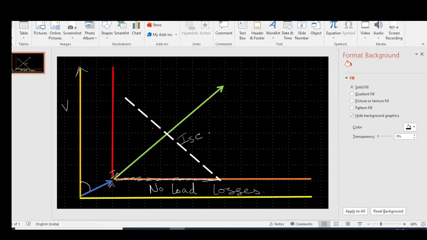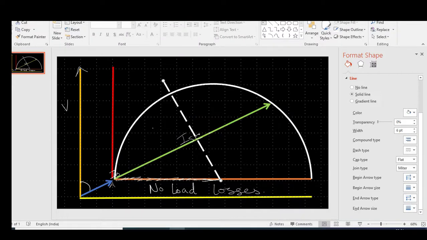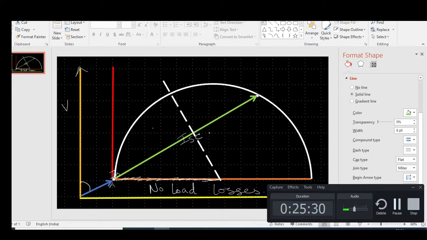For ease of drawing, I just slightly shift ISC. Still, this theta SC is smaller than theta naught. Just a minute, let me just scale this diagram.